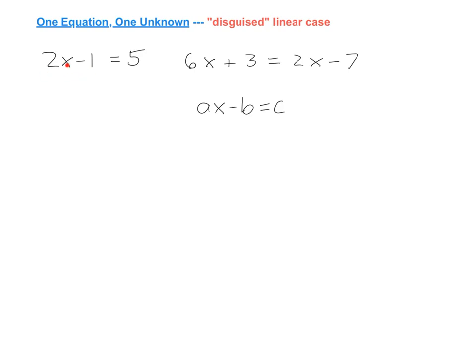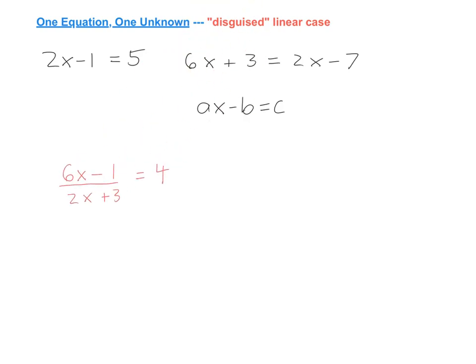There was no x squared term, no x cubed term. This is just a simple polynomial, 2x minus 1. Here's a simple polynomial, 6x plus 3. A simple polynomial, 2x minus 7, or ax minus b. The highest power of x was just 1, and it was just some constant times x.